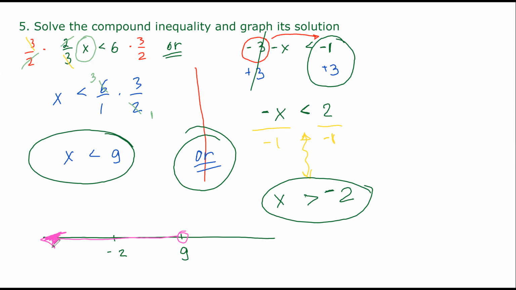Everything to the left. The other option, because we say or, is that x is greater than negative 2. So it's from here and over to the right. But then we say, wait. So it's either there or there, any one is good. So doesn't it mean that we have the entire set of all real numbers, right?